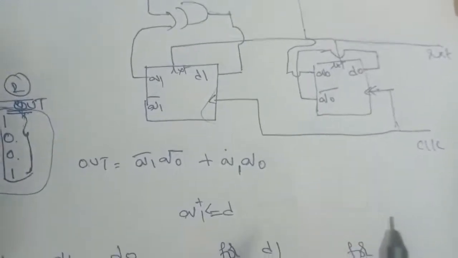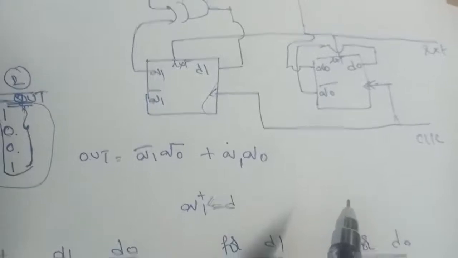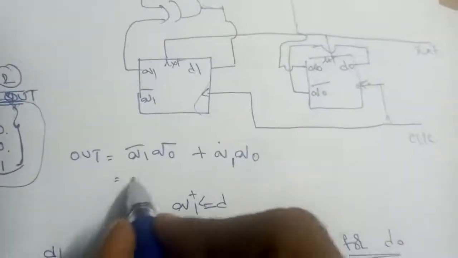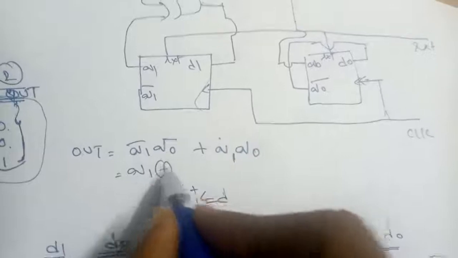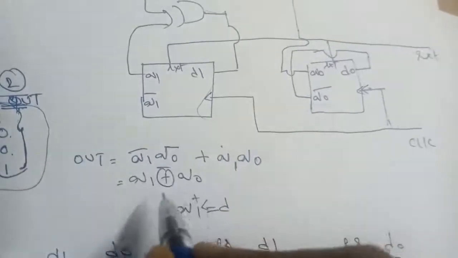So out is equal to Q1 bar Q0 bar plus Q1 Q0, which is equal to Q1 XNOR Q0.